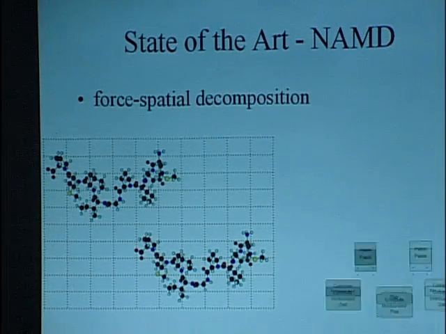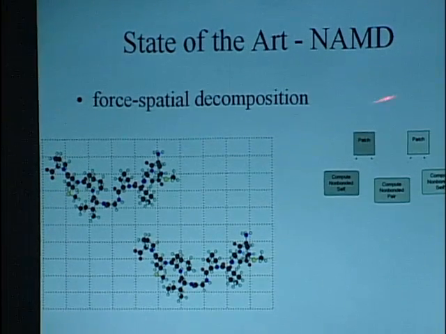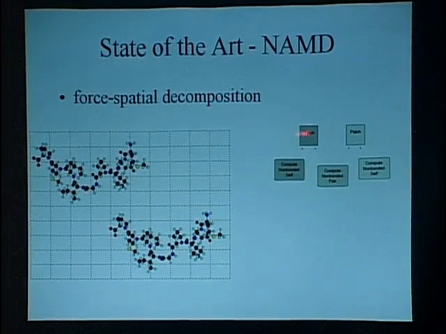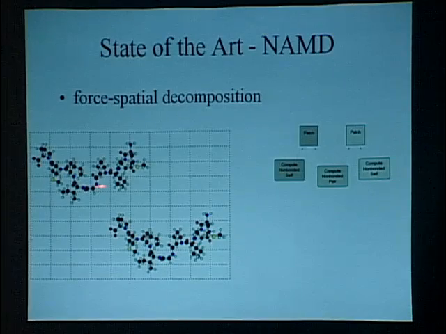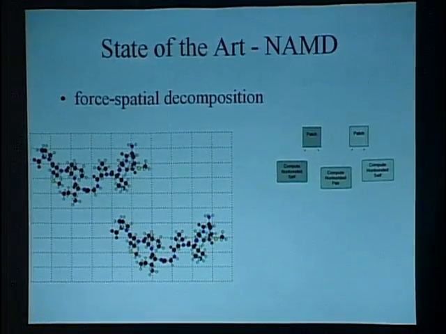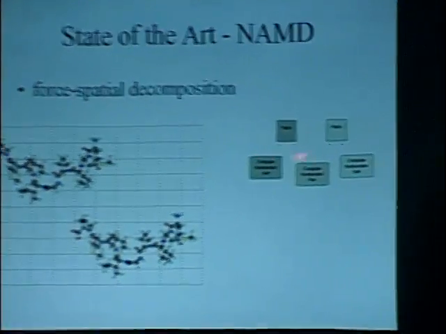What they added later was the idea of patch objects and also compute objects. A patch object puts a number of patches on a processor, but you can also create compute objects, which include all of these force operations. These force operations are also equally distributed amongst processors, and there's a lot of communication between the two.